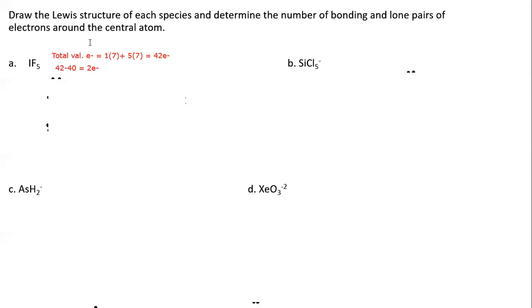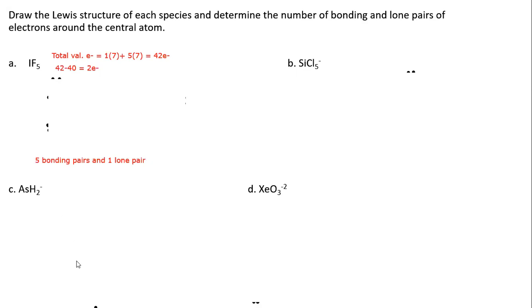So there's going to be 1 lone pair on the central atom. And that's a quick way to help establish how many bonding and lone pairs you have on the central atom when you have a central atom bounded to halogens. It works the best. And so we deduce that we have 5 bonding pairs and 1 lone pair.